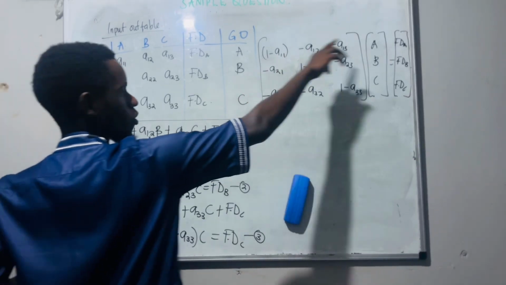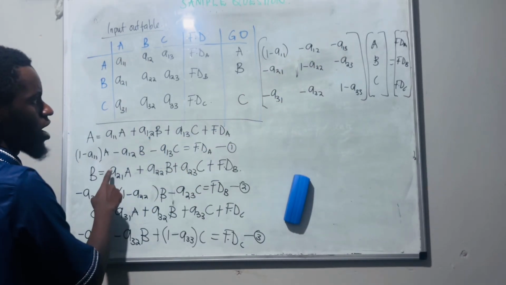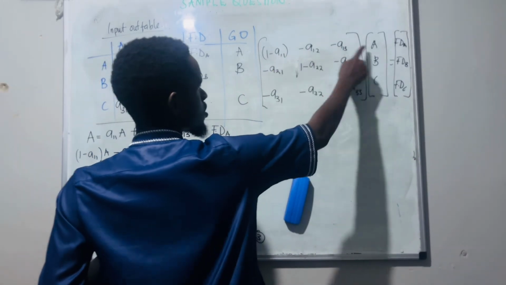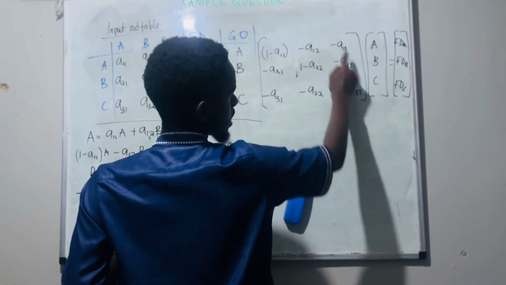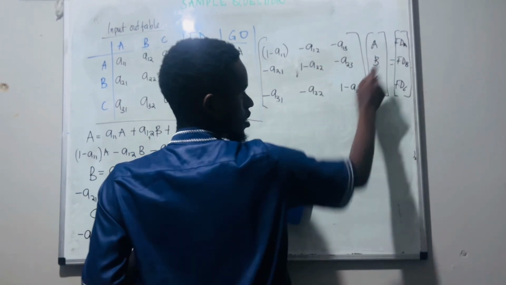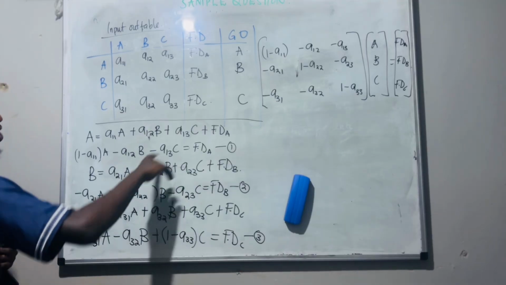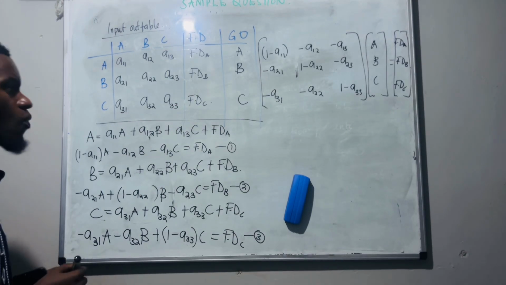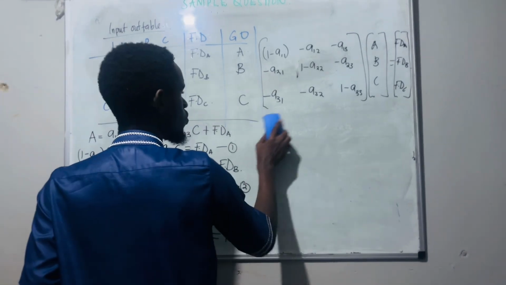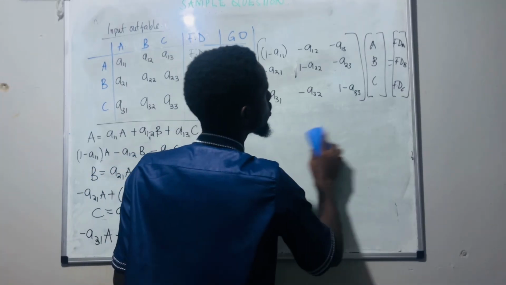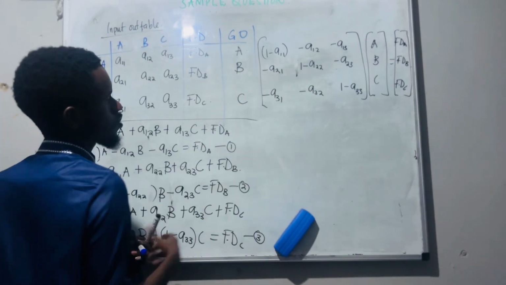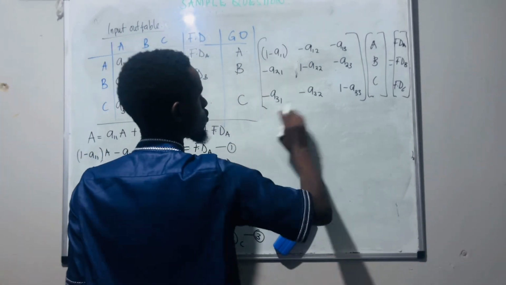Because if I do row by column, I get these equations. Like equation 1, I get it by saying this one times A plus this one times B plus this times C equals FDA. And then I'm using these equations to get that thing back. Likewise, allow me to make you understand that this can also be got from something like this.